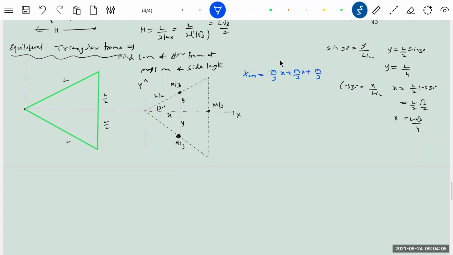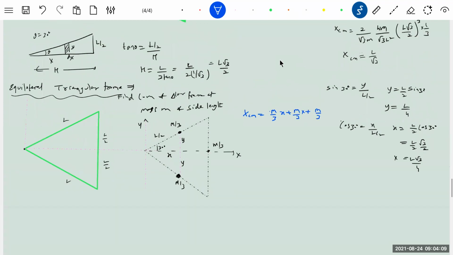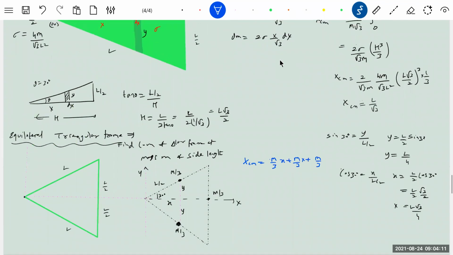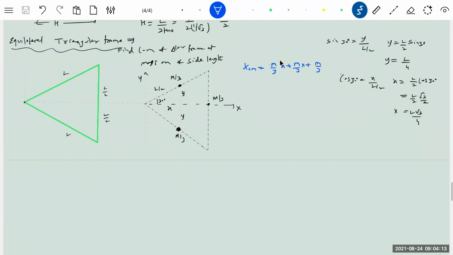How much will the height come? Height of the triangle is L root 3 by 2. The M by 3 factors get eliminated. So 2x plus L root 3 by 2.